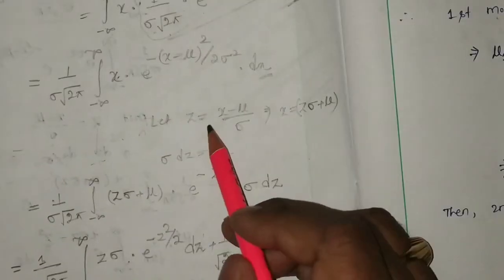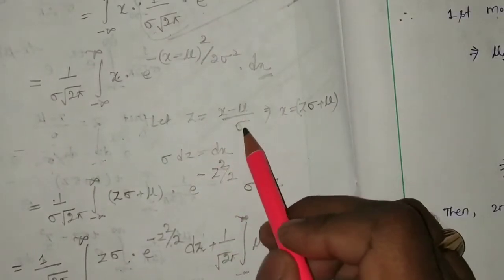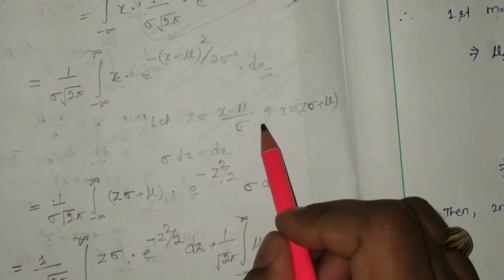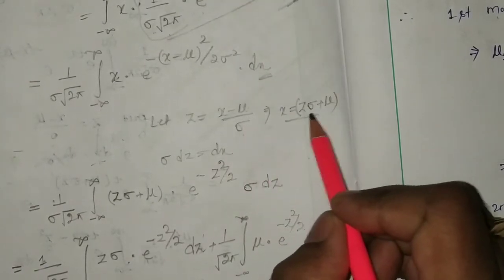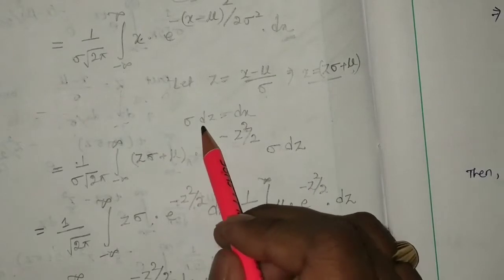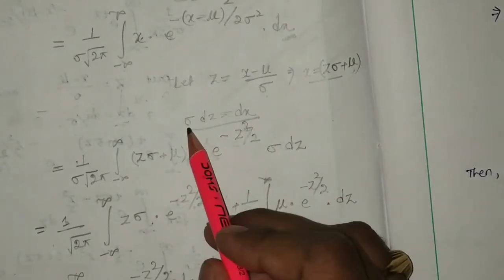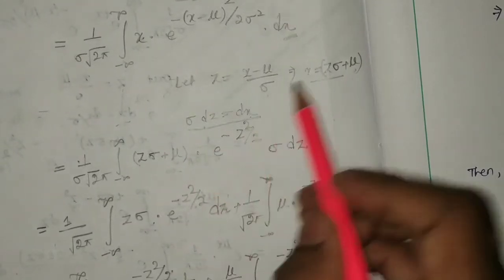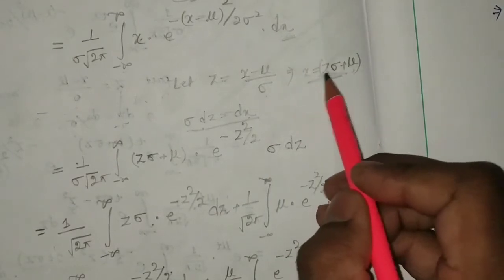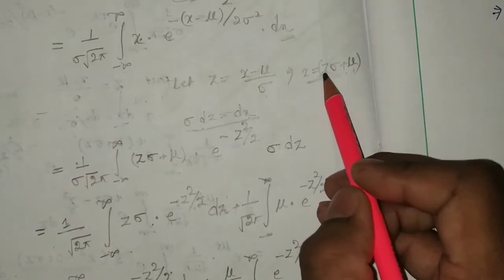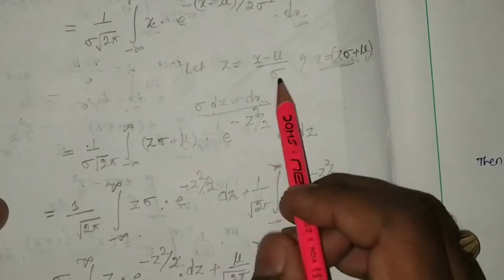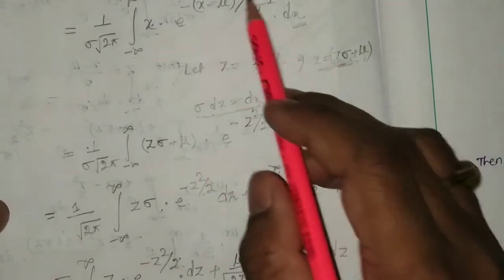Now we have to consider z equal to (x minus mu) by sigma. Similar procedure. Okay, so x will be z sigma plus mu, and dx will be sigma dz. Now we have to put this value and this value here.